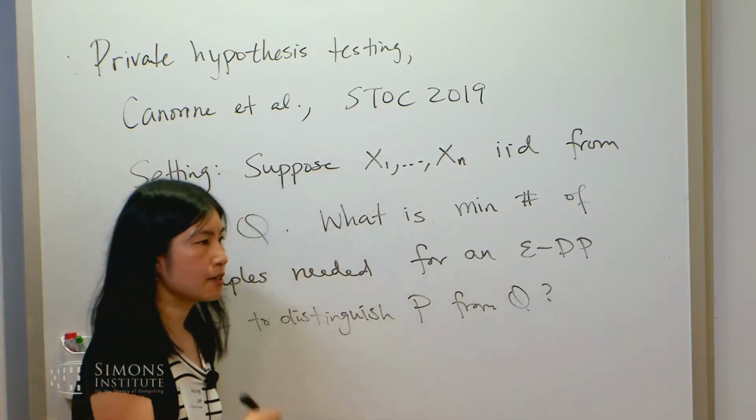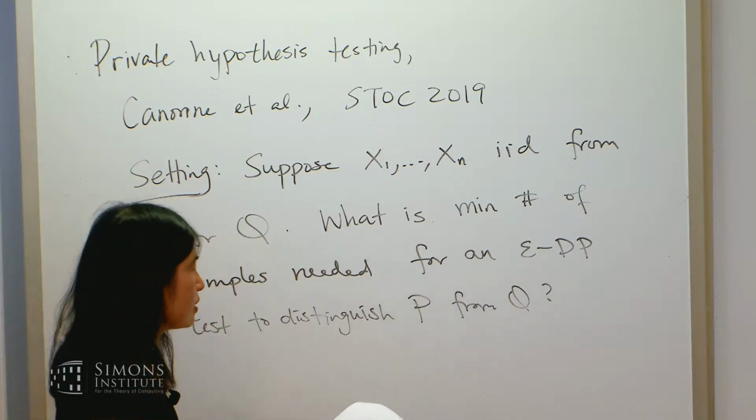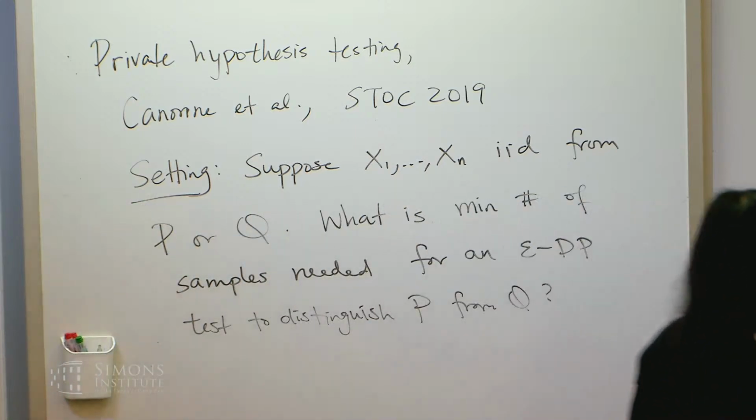So they want to calculate some test statistic that satisfies this privacy condition, and they want to reliably distinguish P from Q.